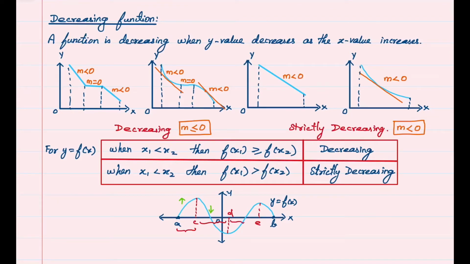In the interval d to e, it is an increasing function, and in the interval e to b, it is a decreasing function. So in these sub-intervals we can say that the function is increasing or decreasing, whereas if we consider the whole interval a to b, we should conclude that it is neither increasing nor decreasing.